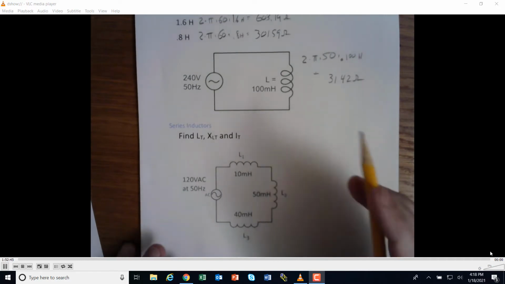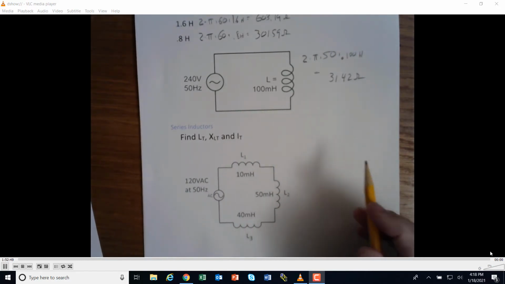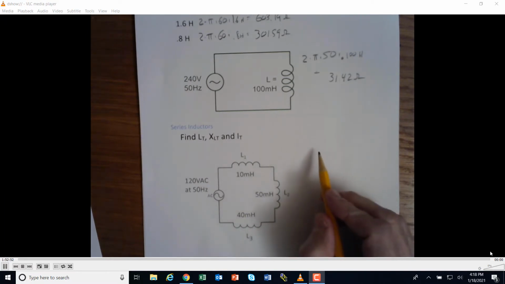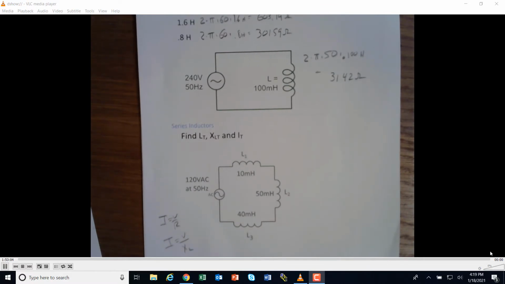Now, we are going to take it a little bit farther in the next one right here because we're going to get current for these, okay? And before, we've used the formula that I, current, is equal to voltage over resistance. Well, we're not doing resistance anymore. We're going to say that I is equal to voltage over your inductive reactance, okay? So we got to get that first.